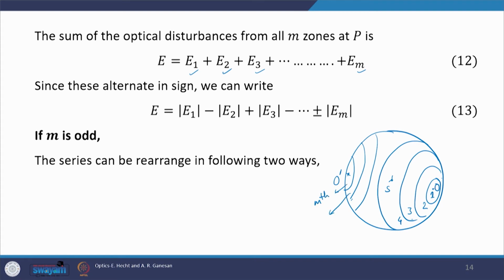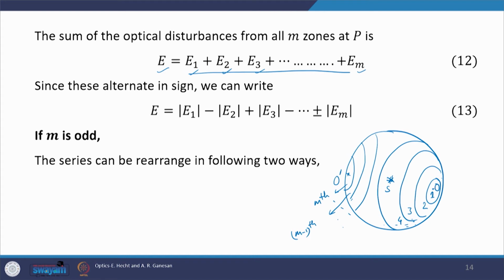This is your m minus 1th zone, and so on. This is how the number decreases here, and it is increasing in this direction. The point source is here, and these zones are very thin. Then we calculate the contribution from each zone and sum them up, and this would be the resultant optical disturbance at point of observation P.